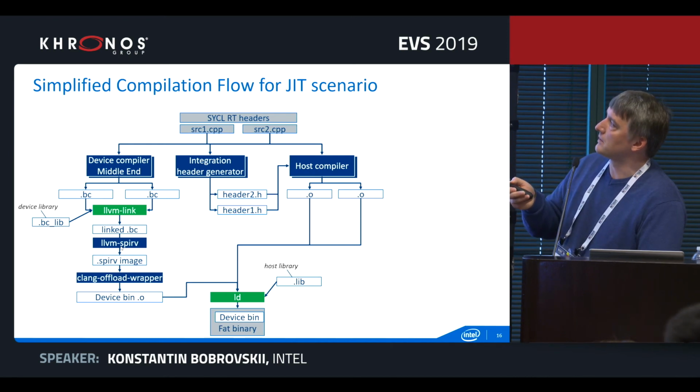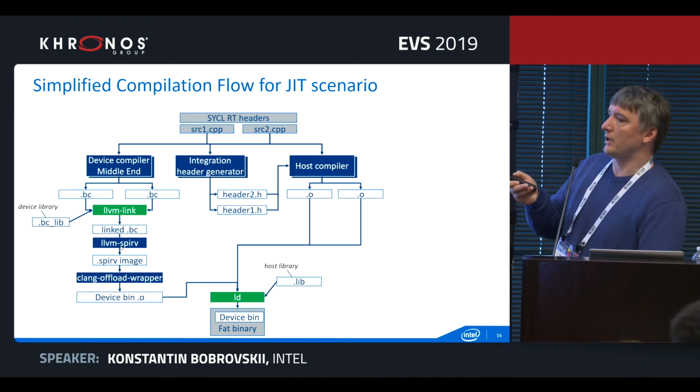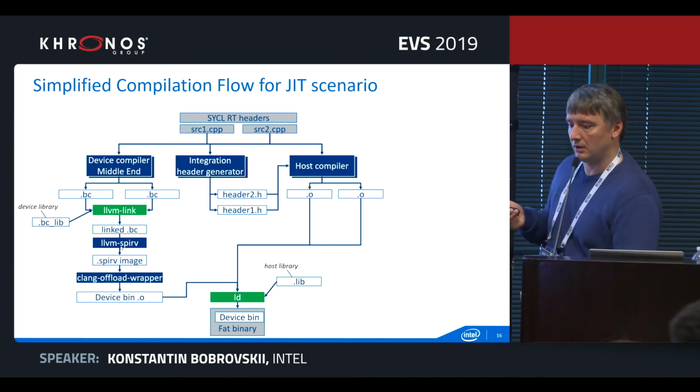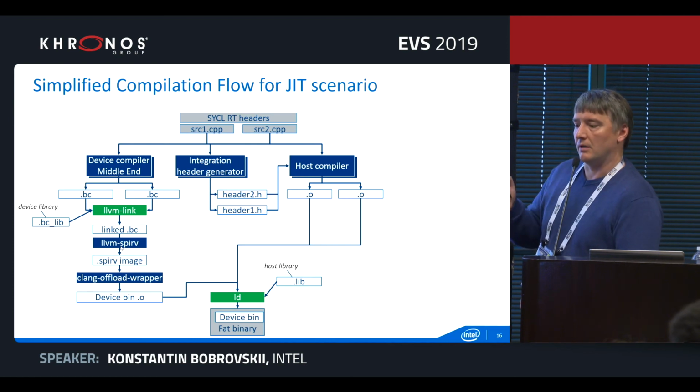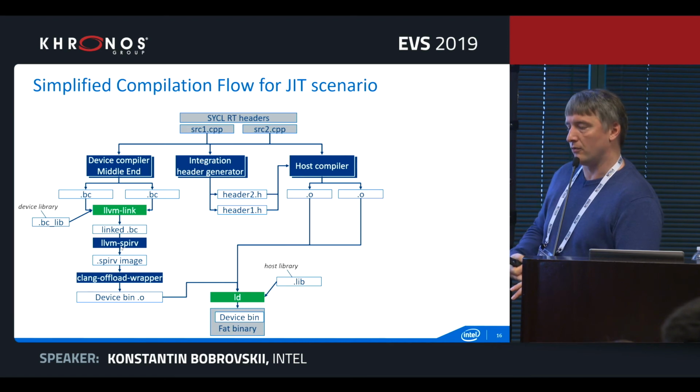Now, the simple part is integration header generation. It takes those source files one by one and generates integration headers where you have information about each kernel in your source, like the kernel name, and a mapping between kernel name type, because SYCL identifies kernels by C++ type. It's very convenient because all the control for conflicts and so on is done by a C++ compiler for you.